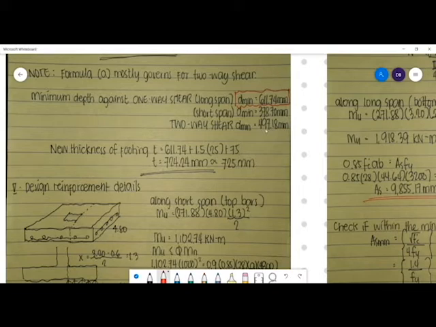So we decided to choose 611.74 as our minimum depth.